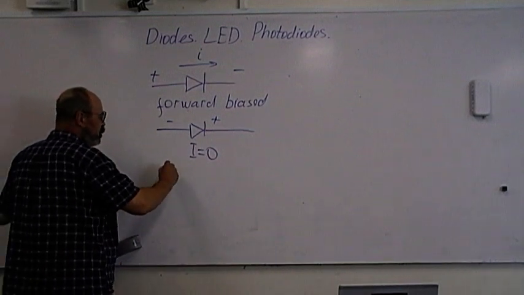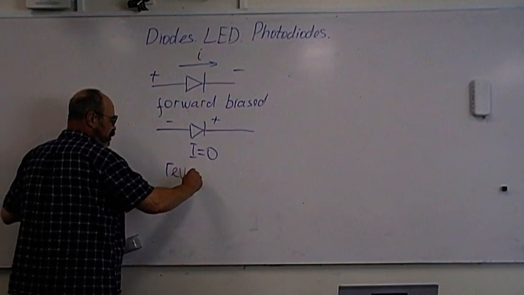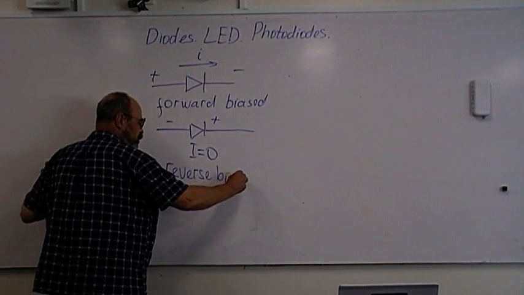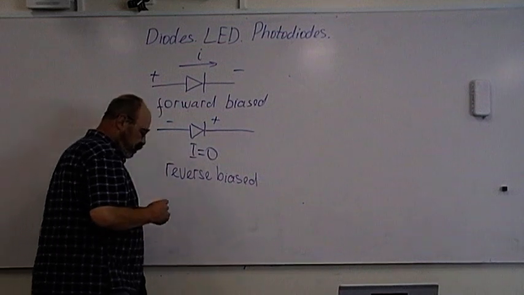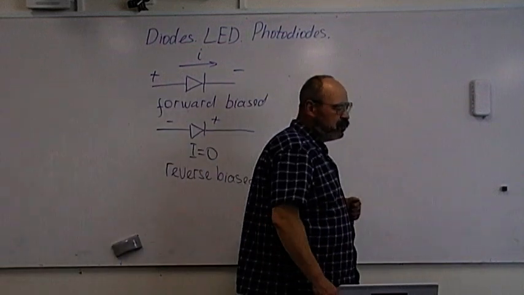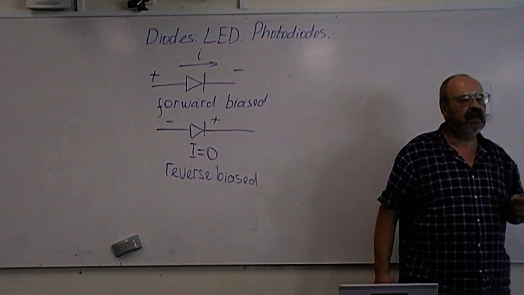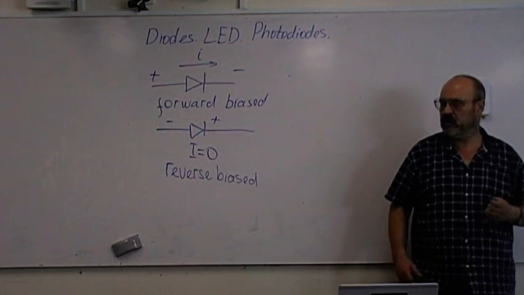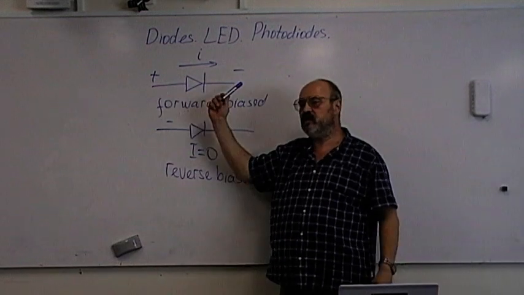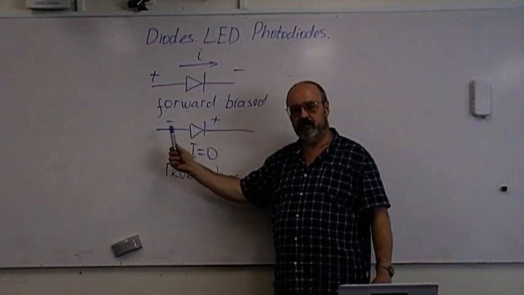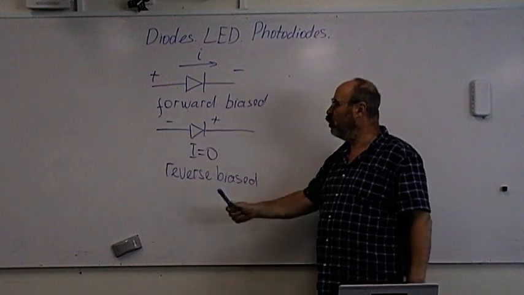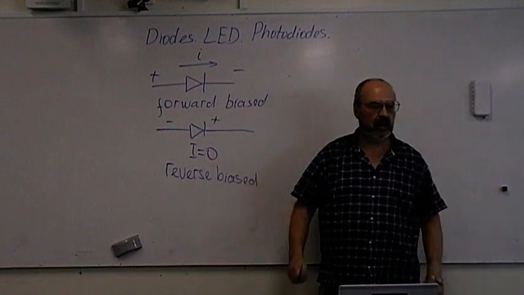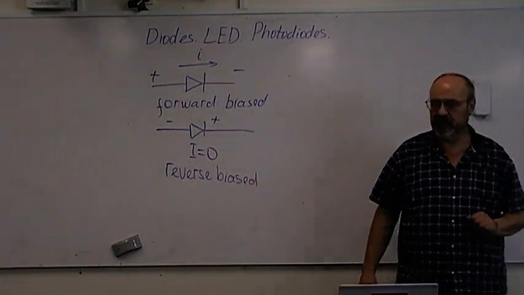That's called reverse bias. So a diode is a device that allows current to go through only in one direction. This way, yes. This way, no.